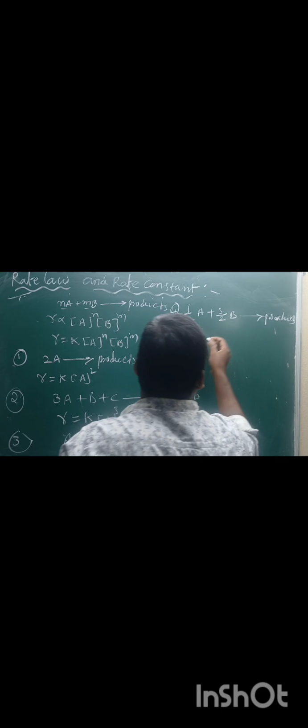If you take 1 by 2 A moles and 3 by 2 B moles of reactant giving rise to product, R is equal to K into concentration of A power 1 by 2, concentration of B power 3 by 2.